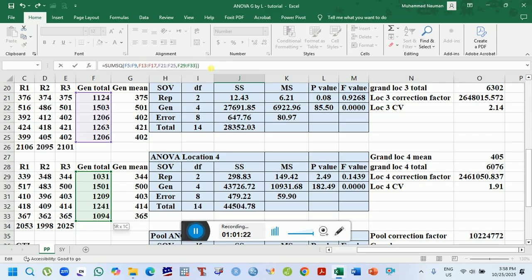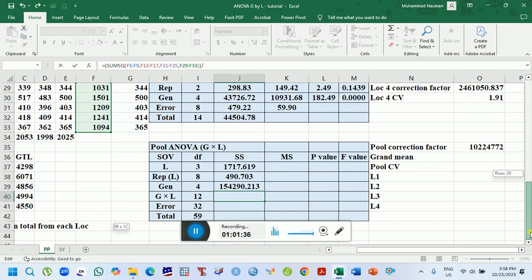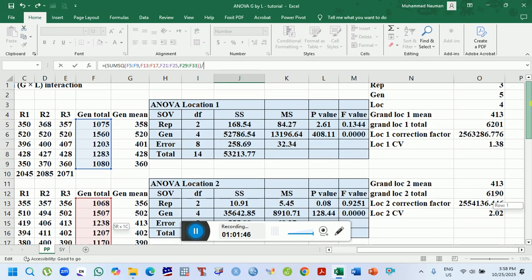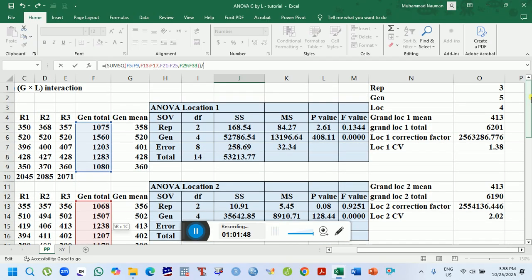This sum of square term will be divided by only replication, because we are calculating the genotype and location sum of square, so the replication is left.